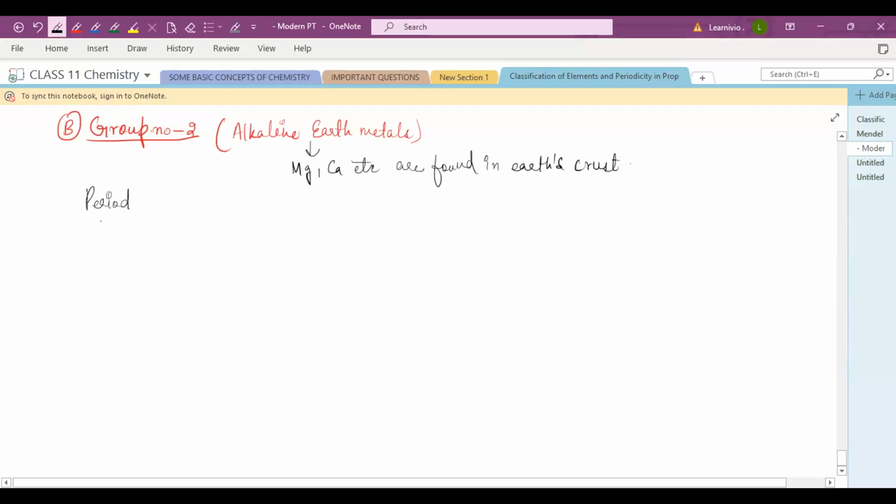This group number 2 starts from the second period: beryllium, magnesium, calcium, strontium, barium, and your radium. Second period, third, fourth, fifth, sixth, and seventh.